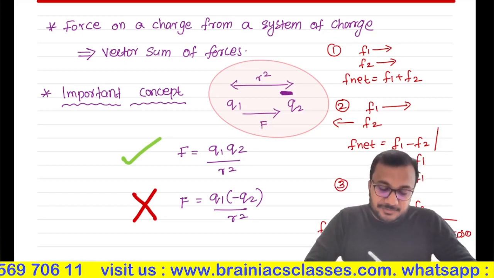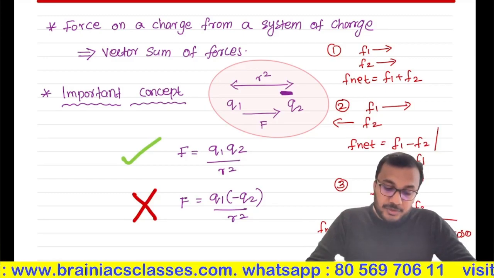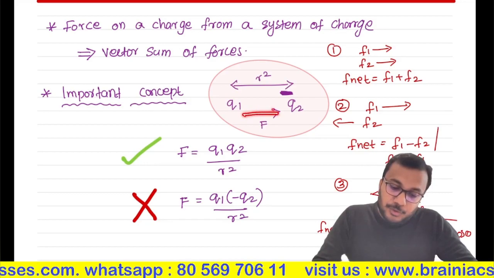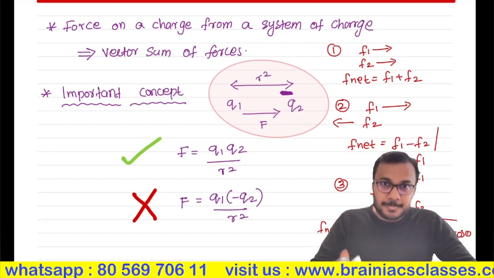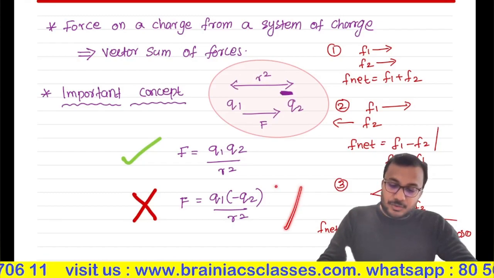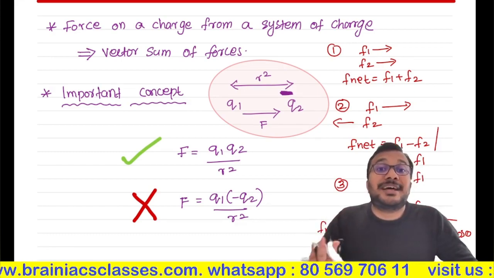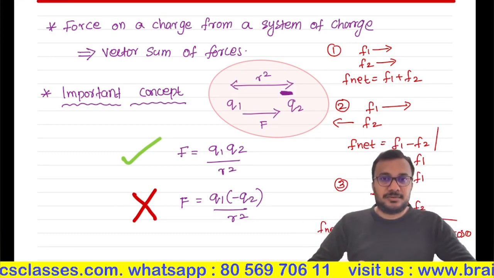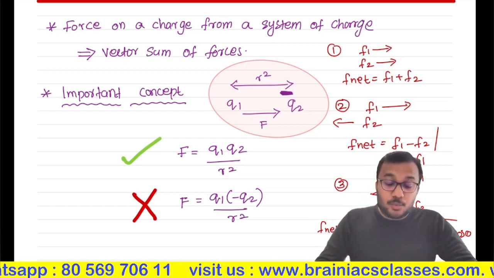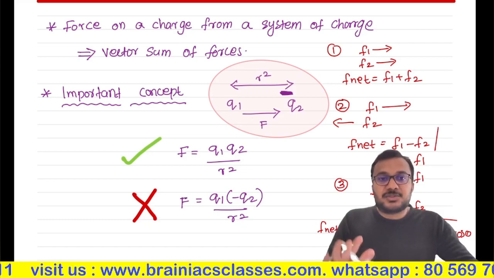Now, if I'm writing the formula, I should write F equal to Q1 Q2 by R square, and the direction of force is from left to right. But while solving the problem, never write Q1 into minus Q2 by R square. That is wrong. While solving, it is very important that you write only the magnitude, not the sign: Q1 Q2 by R square. That is correct.